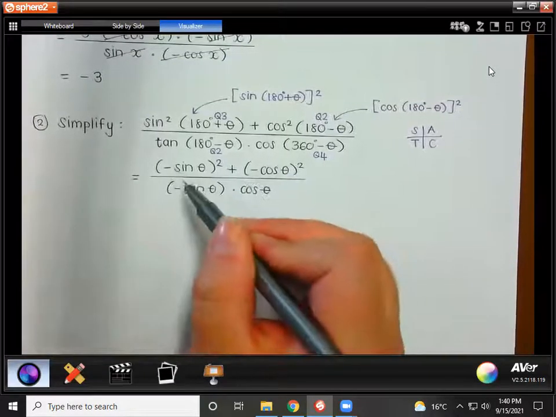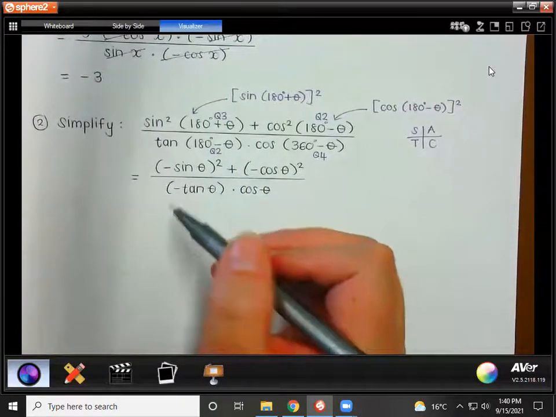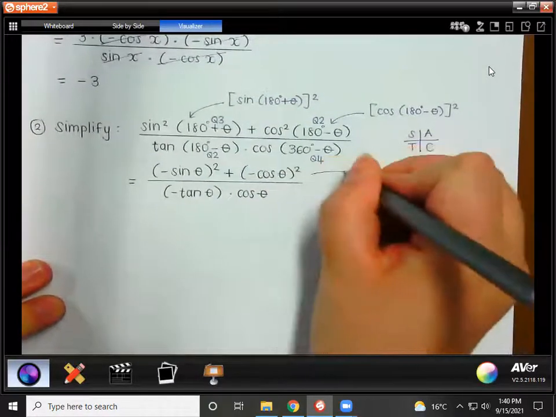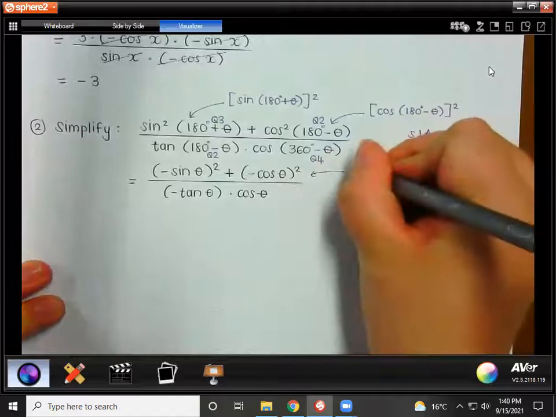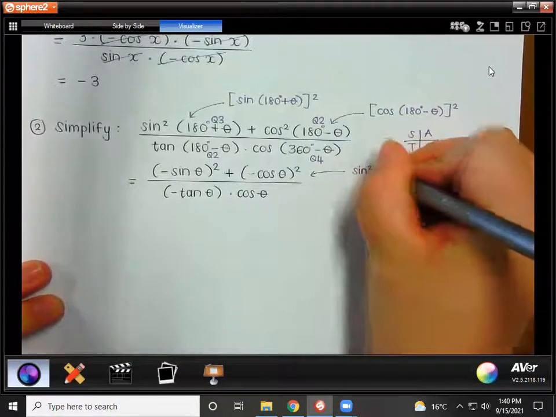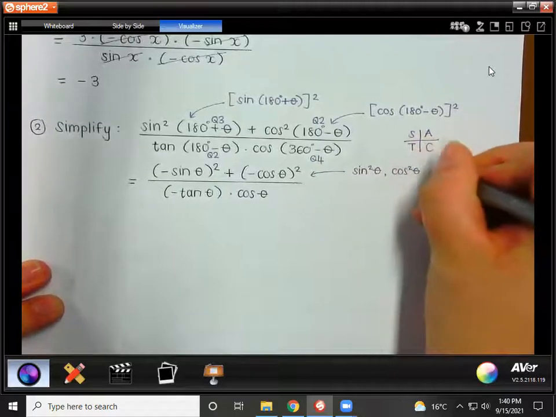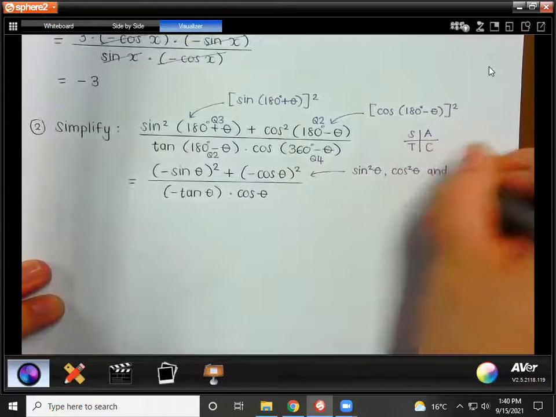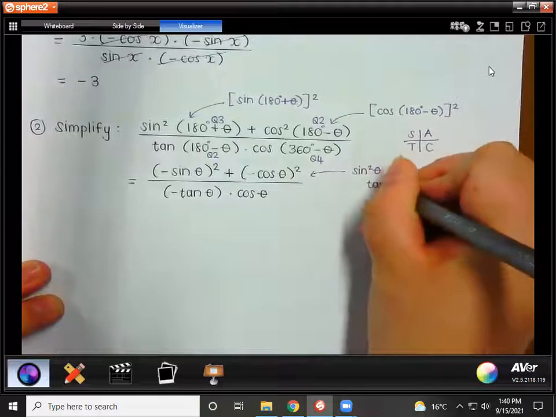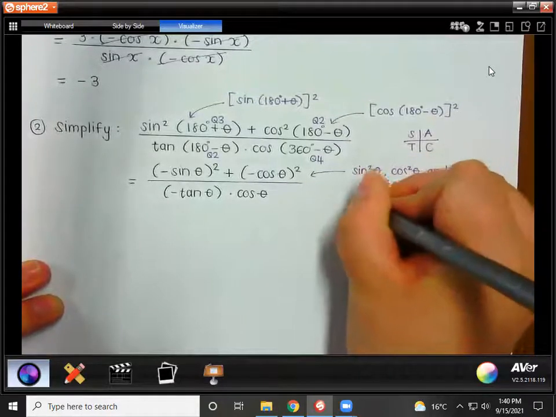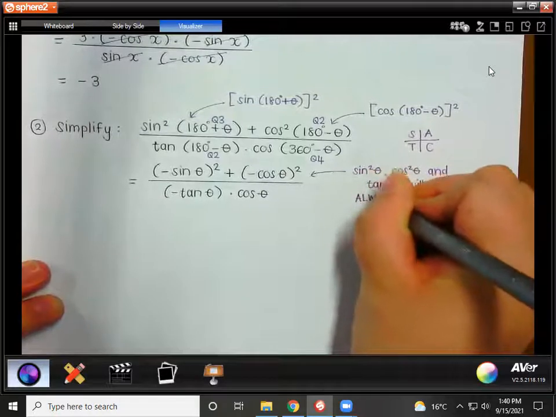If you take negative sine times negative sine, you're going to get positive sine squared. Okay, so for these two, I'm just going to write here sine squared theta, cos squared theta, and tan also. If there was a tan in here, the same thing would happen. It will always be positive.